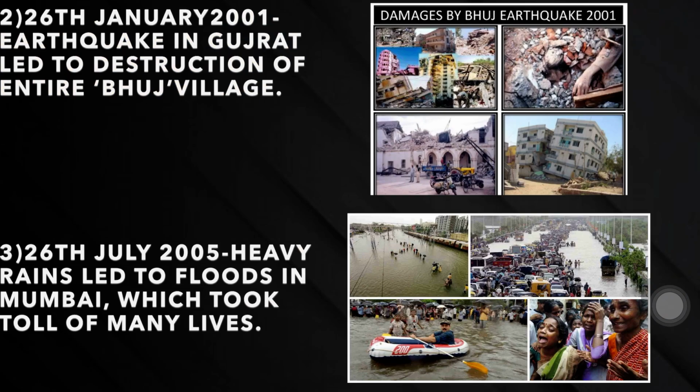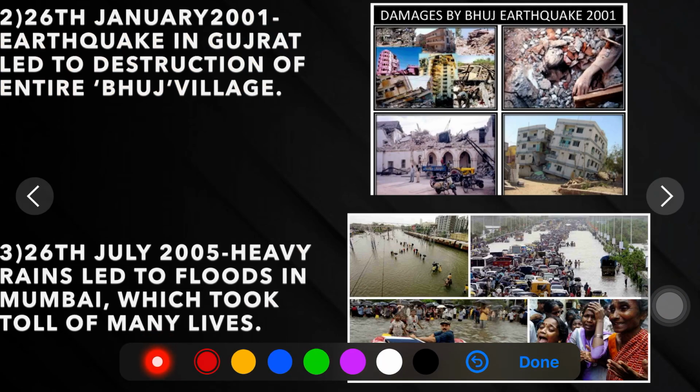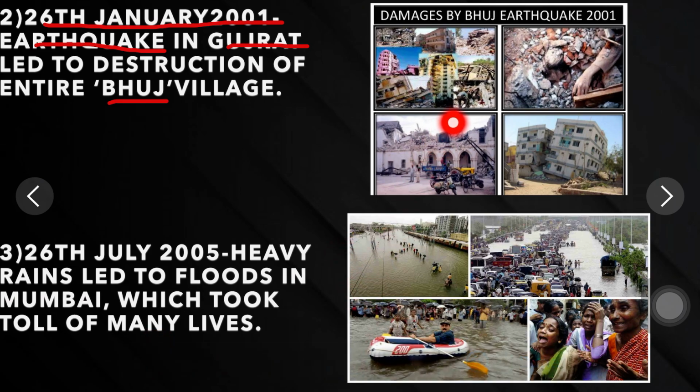On 26th January 2001, there was an earthquake in Gujarat which led to destruction of the entire Bhuj village. As you can see, damages by the Bhuj earthquake 2001. It was a vast earthquake and a tremendous number of people lost their lives.